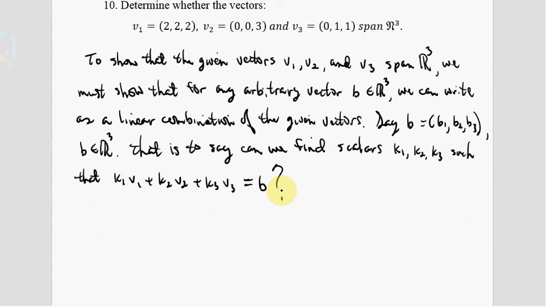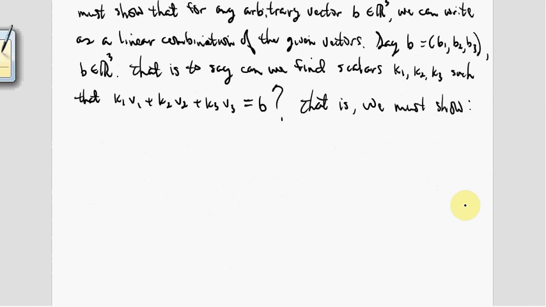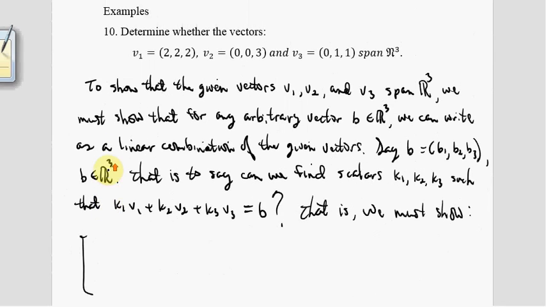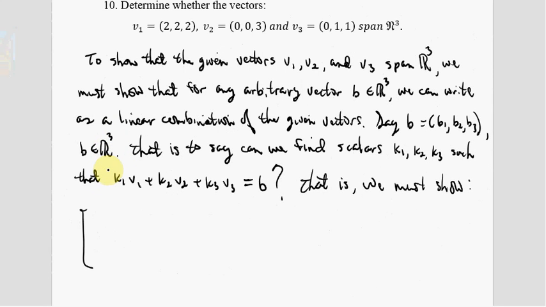So here, we must show, where are V1, V2, and V3? There they are. V1 is, I told you vectors stand up, 2, 2, 2.